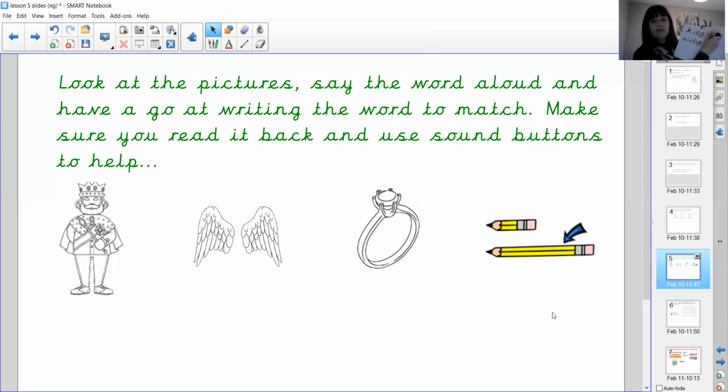So we can hear the r sound at the beginning. R, i. I'll show you this more closely in a moment. R, i, ng. Did you all get that? And then the last one, hopefully you got this picture. It's a bit more confusing, but it's pointing to the long pencil. We've got a short pencil and we've got a long pencil.